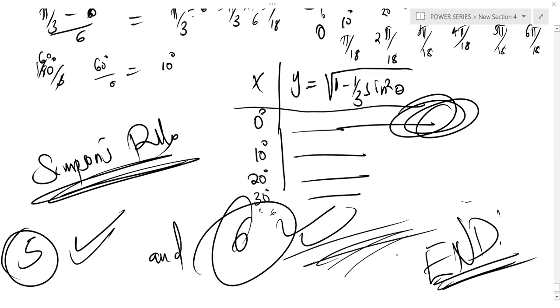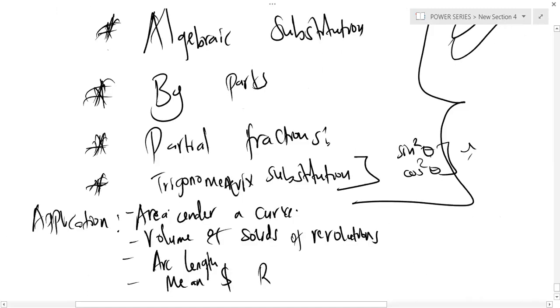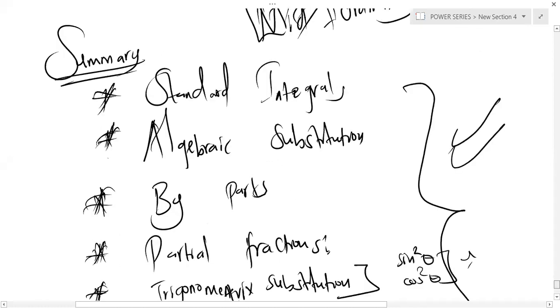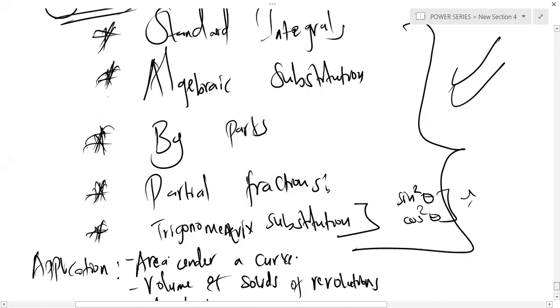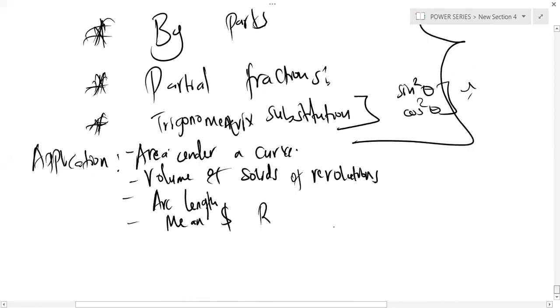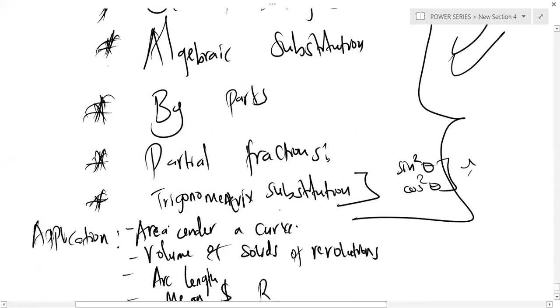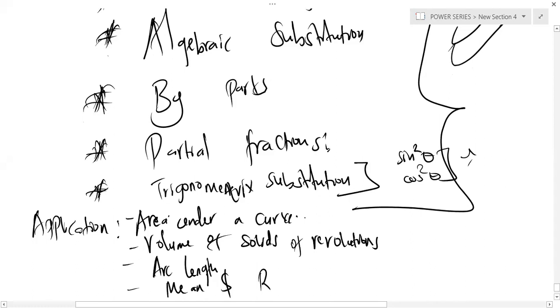Ngigi, or the others. So, as I've said, a summary of what we've done and what you need to remember: standard integrals, algebraic substitution, integration by parts, integration using partial fractions, integration using trigonometric substitutions. Then under application, look at how to get area under a curve, volume of solids of revolution, arc length, mean, and RMS.